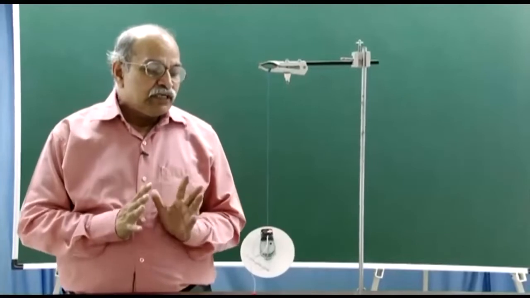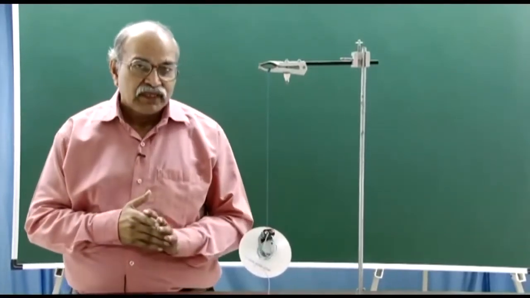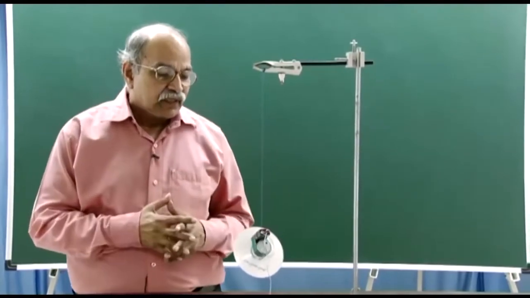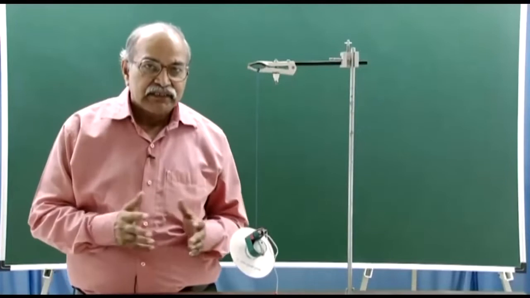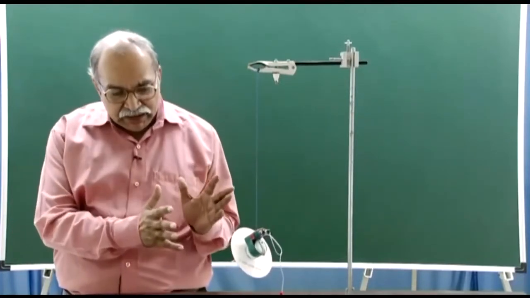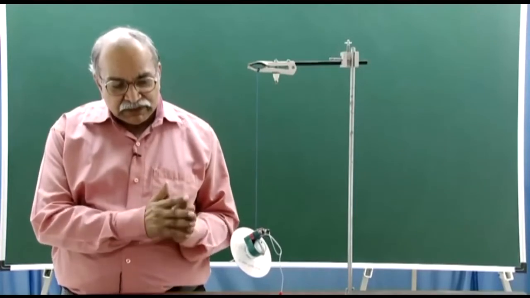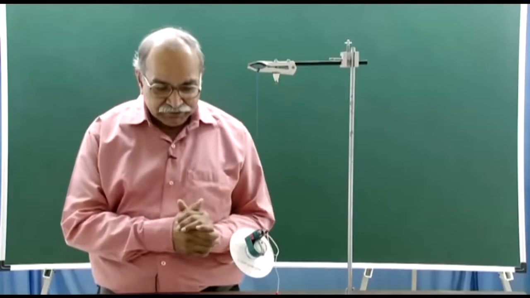So, now I am showing you a very interesting demonstration which will show the relation between torque and angular momentum. This experiment is generally done with a cycle wheel. We have done some miniaturization.